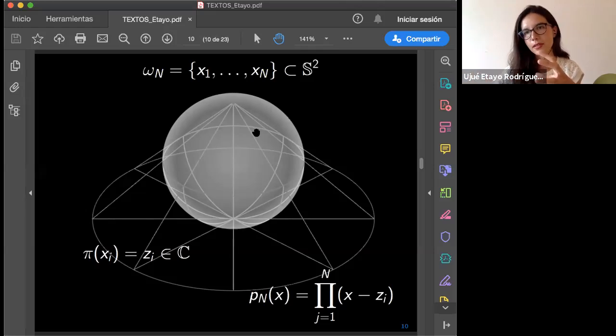And this is the image of my projection. And this projection establishes a bijection between the sphere without the North Pole and the complex plane. And if we add the North Pole, then we are compactifying the complex plane and we obtain a model for the complex projective space. But for the model, that's what we have: a bijection between points on the sphere without the North Pole and the complex points.